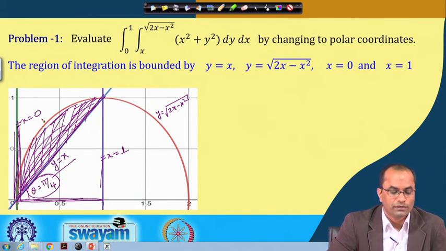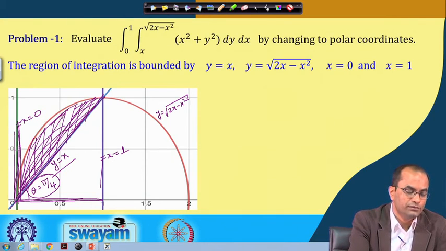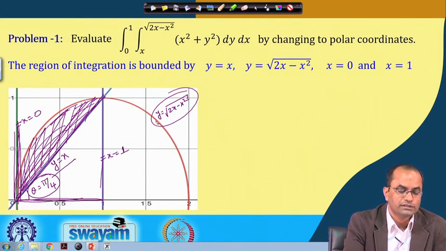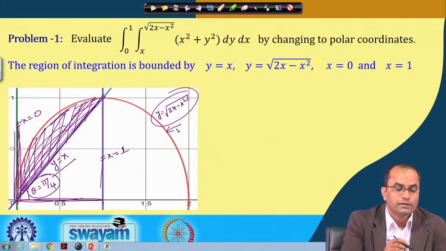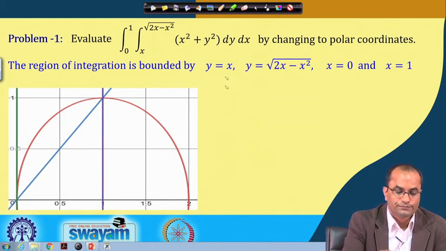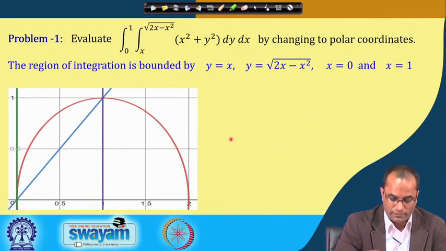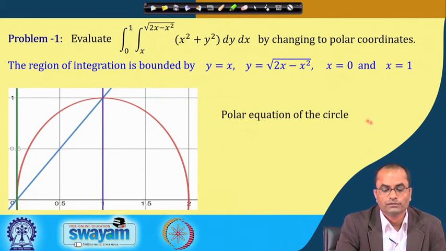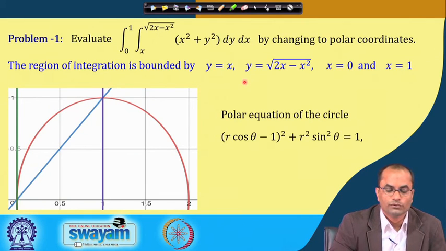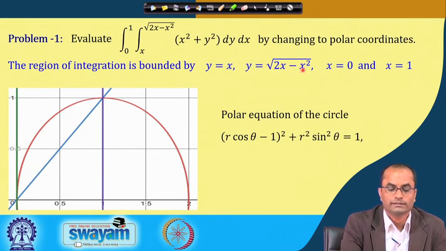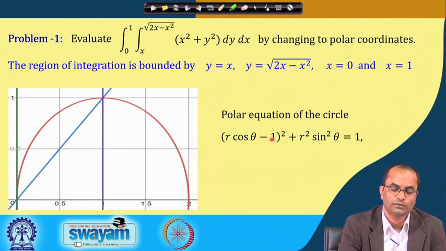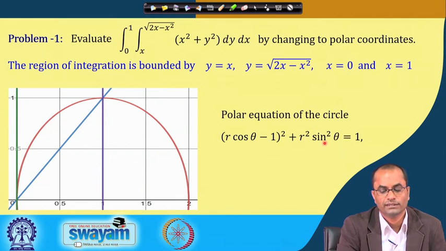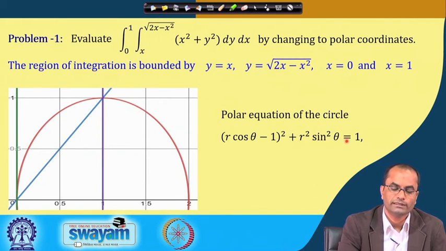So, the limit of r is also simple, but we have to now get what is the equation of this circle in terms of r and theta, the polar equation of the circle. The given equation was x minus 1 whole square plus y square is equal to 1. So, r cos theta minus 1 whole square plus r square sin square theta is equal to 1.